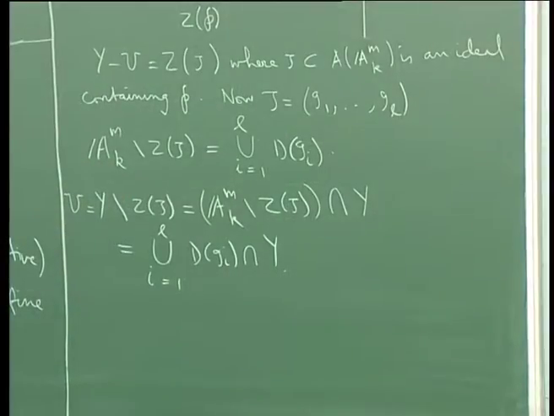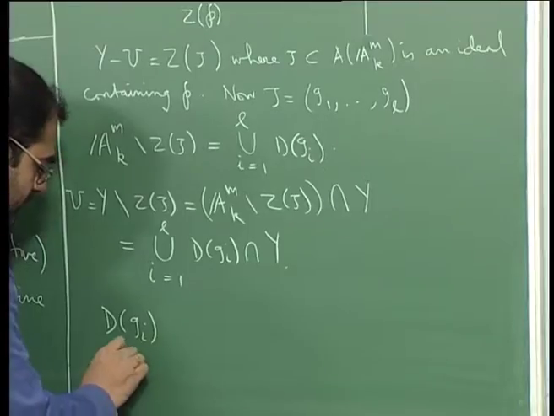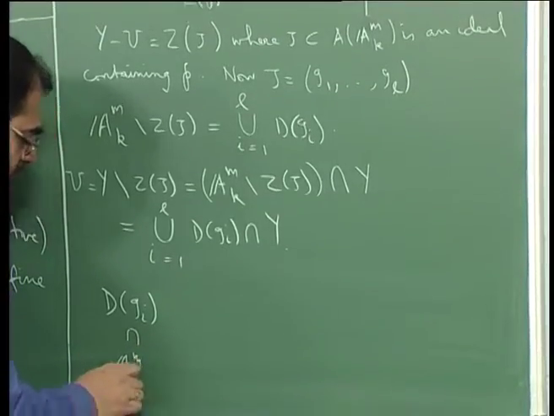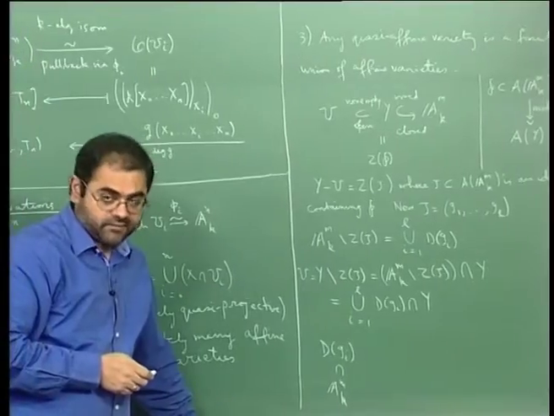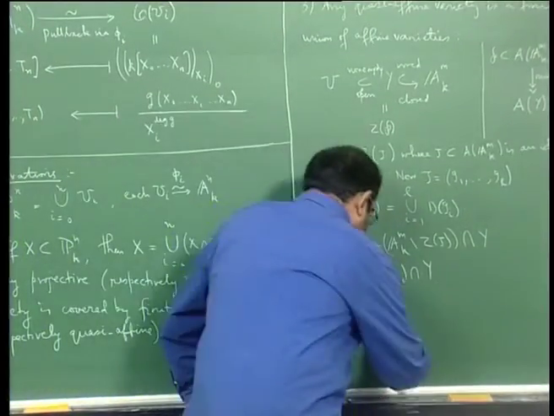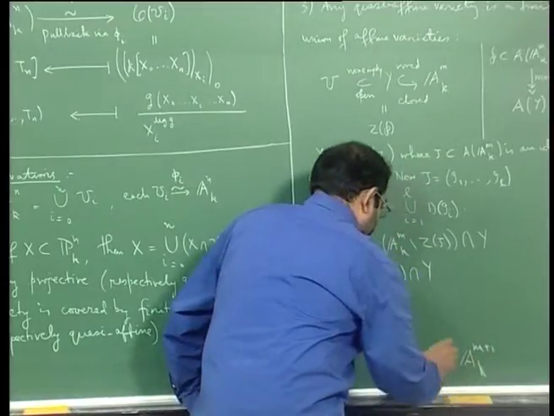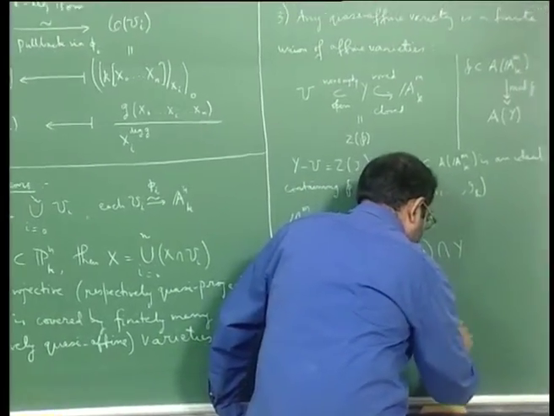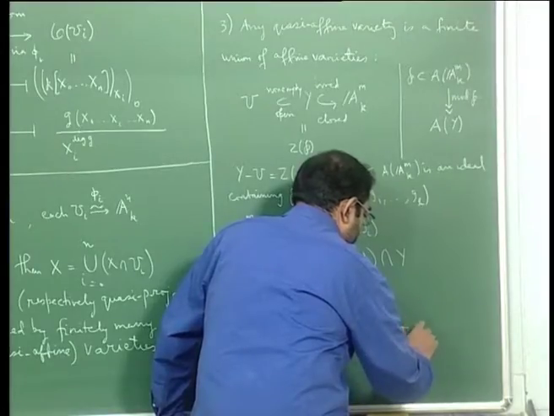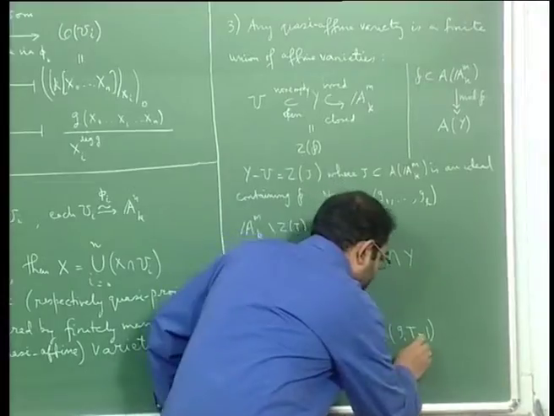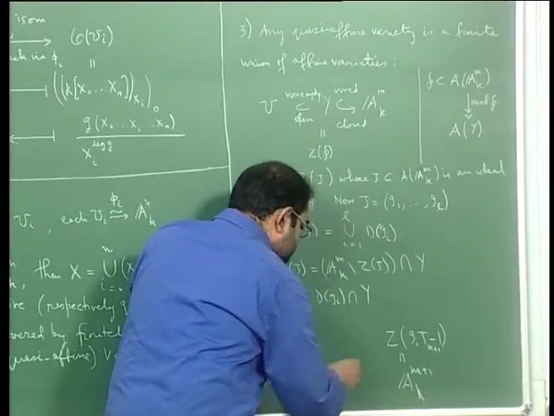The point I want to make is that each D(gi) inside Am is an affine variety itself. Though it is an open subset of Am, it is isomorphic to an irreducible closed subset of an affine space of dimension 1 more, by the Rabinowitsch trick. So from Am you go to A(m+1) k, and take the 0 set of gi times some extra variable t minus 1, with t being the (m+1)th variable.